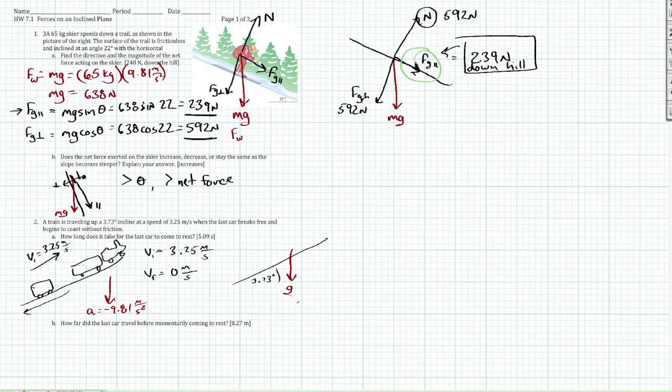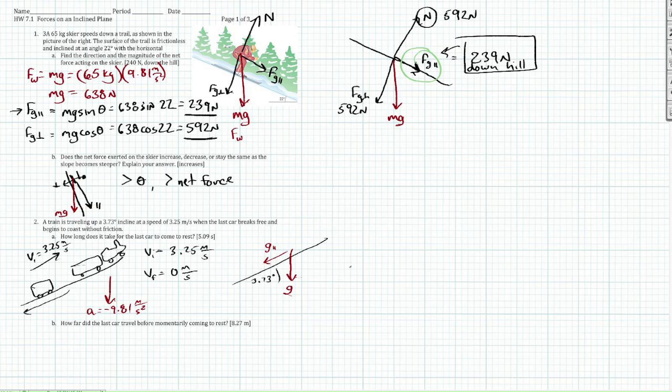But what we want to know is what we might call G parallel. That acceleration that we know always acts in the y direction downwards. We'll call this G parallel right here.